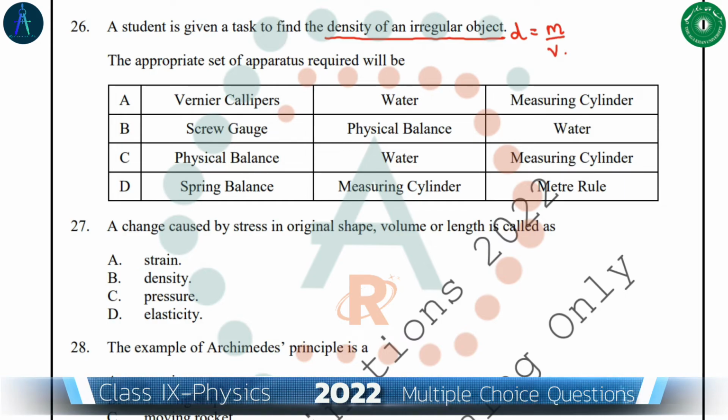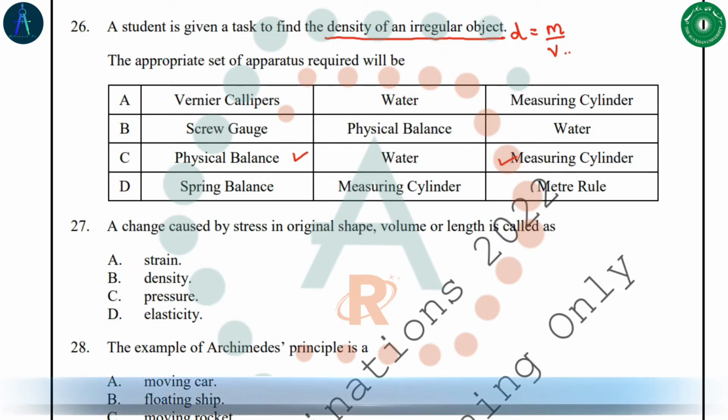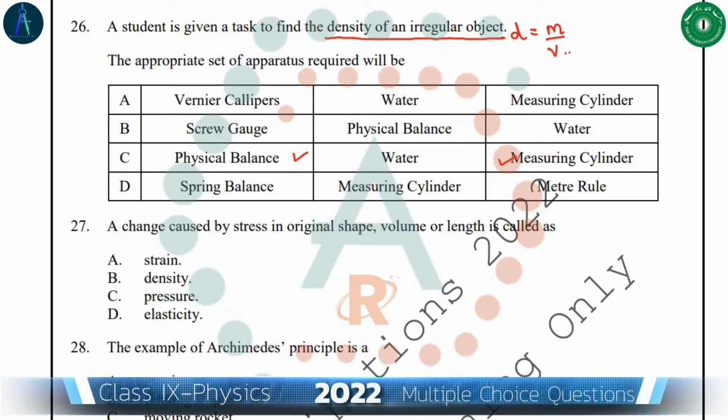For measurement of mass, we need a spring balance, and for the measurement of volume, we will take a measuring cylinder, fill it with water, and then place that irregular object inside that measuring cylinder.